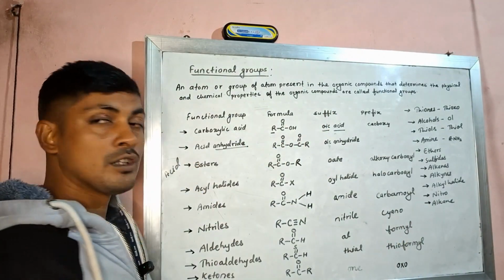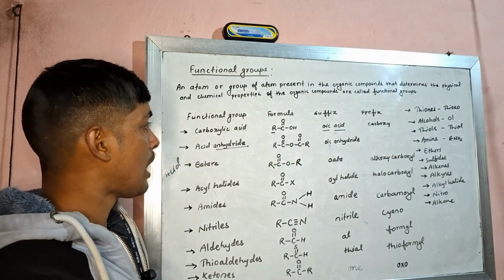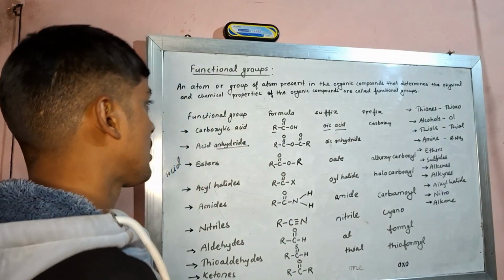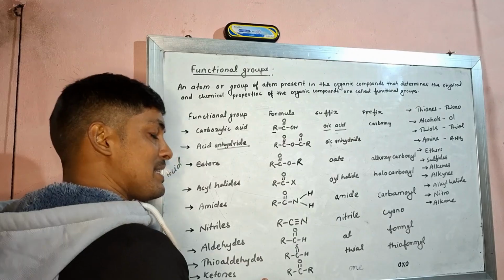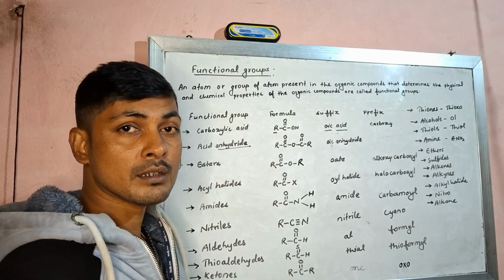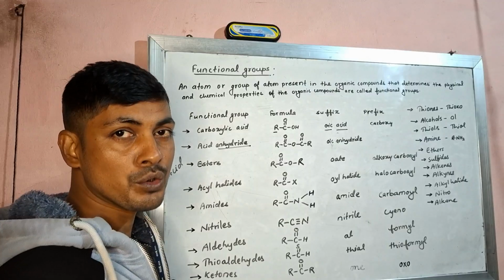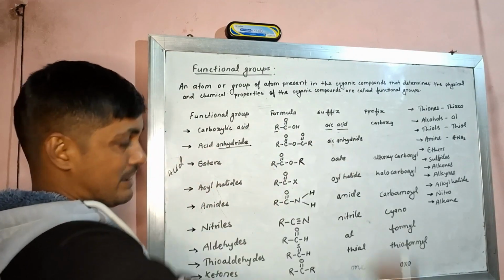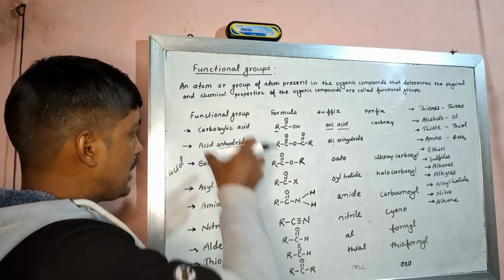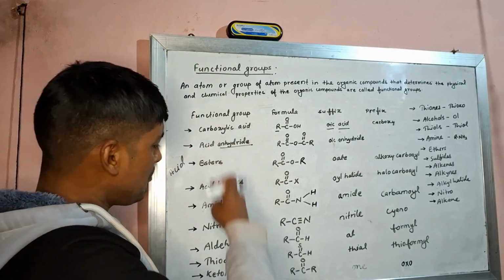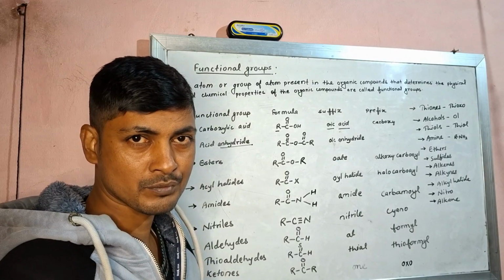Here the names of the functional groups are written according to their priority order. That means if there are two or more functional groups present, then first priority goes to the functional group which comes first in this list. So we have to remember this list of functional groups as written on the board.